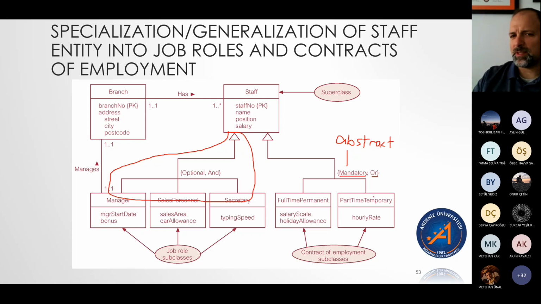So this would make sense in this example that you cannot have someone who is both full-time and part-time, right? Where this and would be both and, it can be both a manager and a sales personnel and a secretary is a possibility. This is, they must be full-time permanent or part-time permanent, either or, okay? So one or the other, but not both.